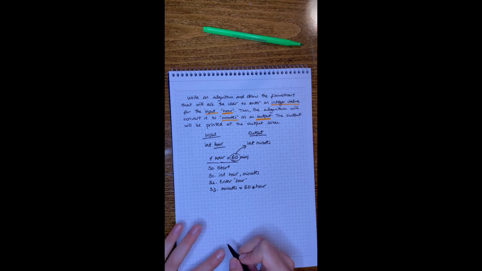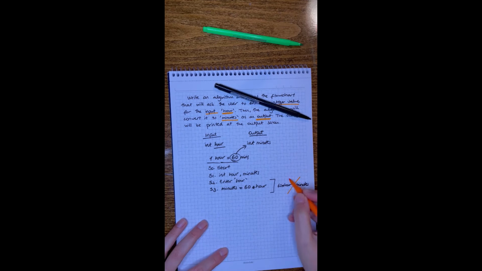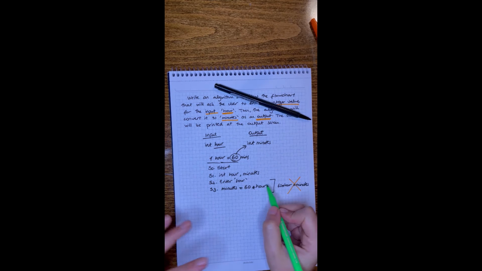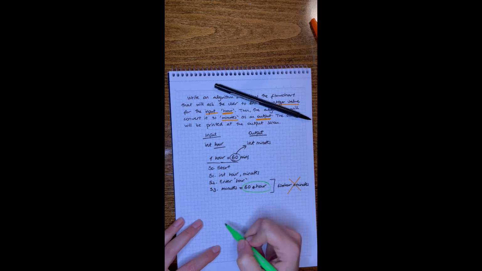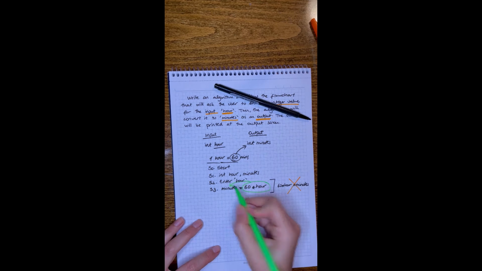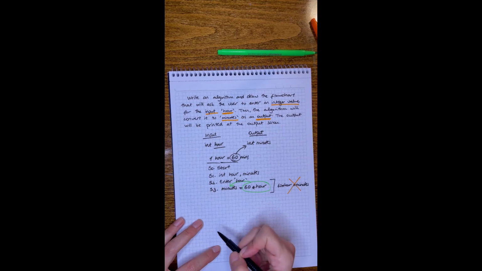So there is no way to write it like this: 60 times hour equals minutes. This is totally wrong because in algorithms and in the C programming language, we are always calculating on the right hand side and we assign it to the left hand side. This is an assignment operator. We simply assign it.